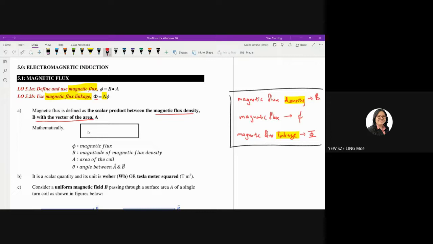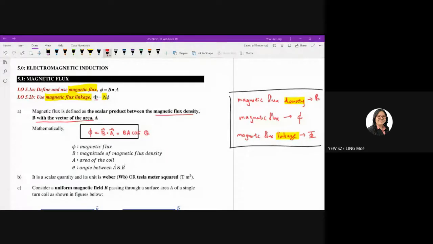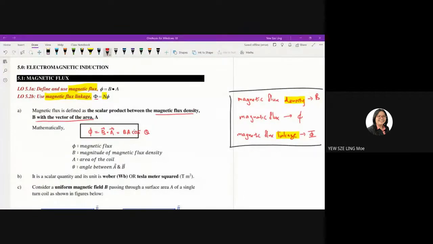Mathematically, we can write it as phi equals B dot A. Now, dot product means it is a cos function, so cos theta. So B dot A equals BA cos theta.